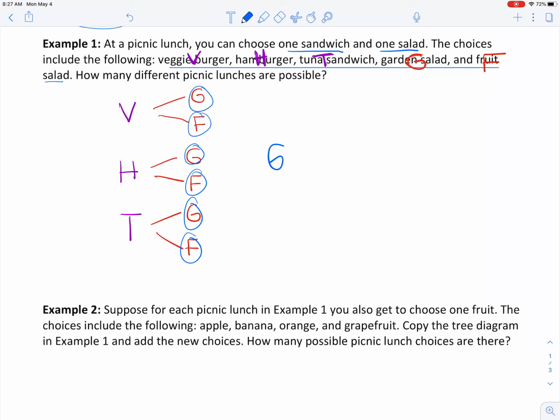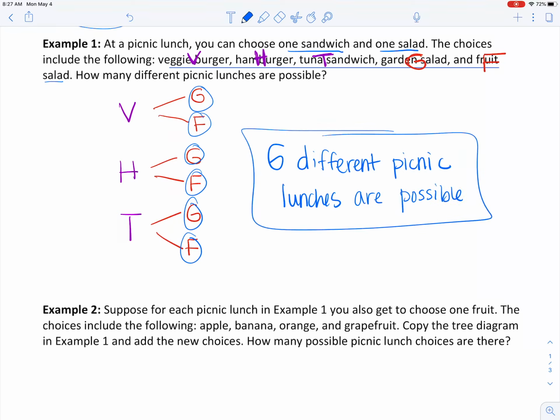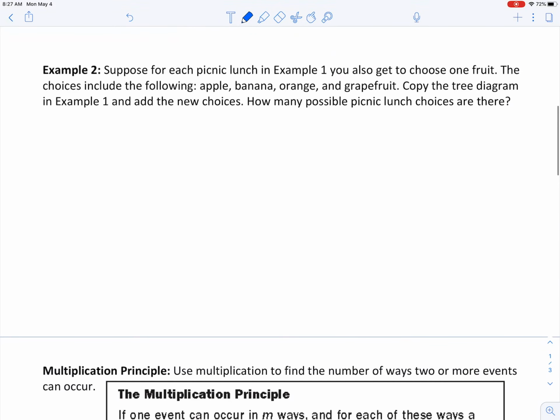There's 1, 2, 3, 4, 5, 6 different picnic lunches. So I'm going to write that down: 6 different picnic lunches are possible. Okay, so that's a way to figure that out using a tree diagram.